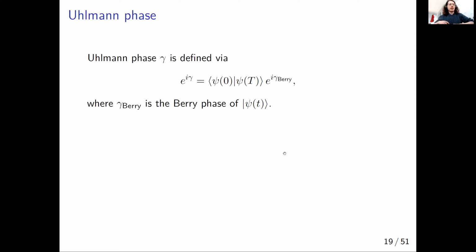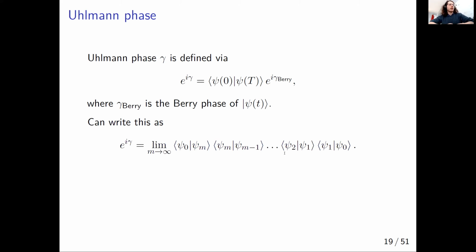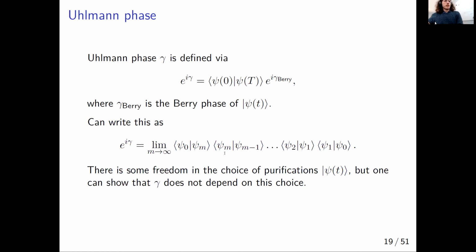It's just the Berry phase of the purifications with this additional factor in front. There's an equivalent way to write this in terms of the discrete states along the curve, and this will be useful later. Although there is some freedom in the choice of the purifications, it's possible to show that the Uhlmann phase itself is unaffected by this choice.